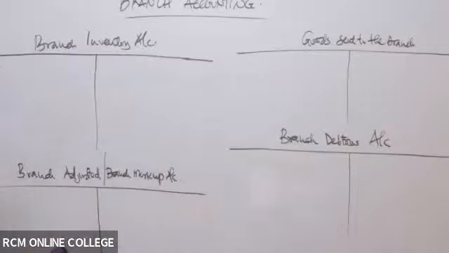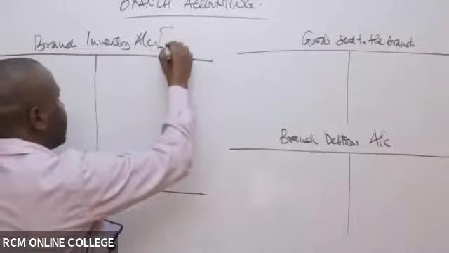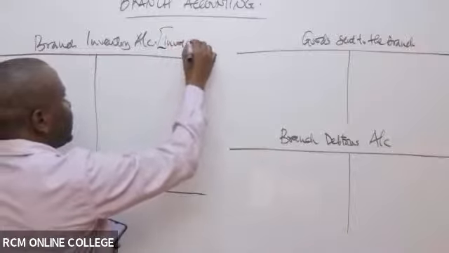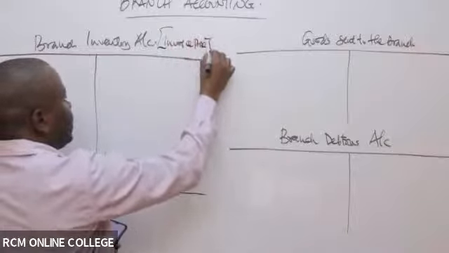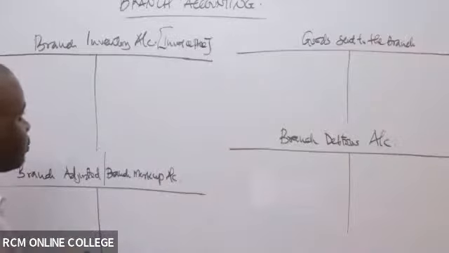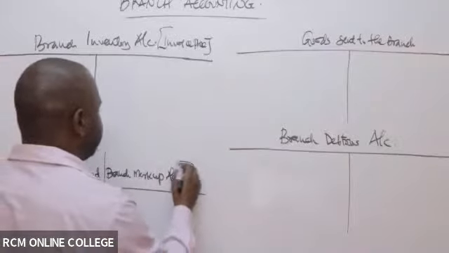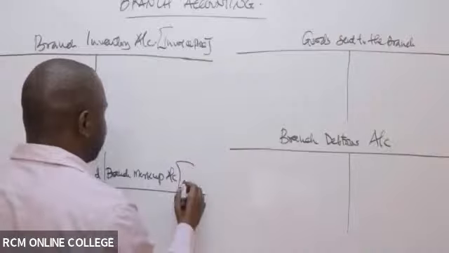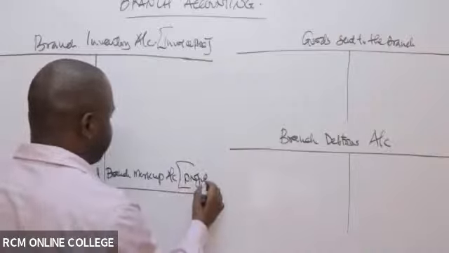This branch inventory account, we prepare it at the invoice price. Then we need to deal with the profit element by passing it through what you are calling the branch markup.